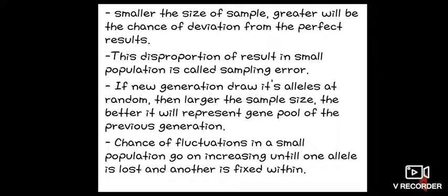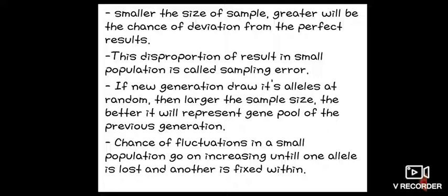Thus the allelic frequency in a small population keeps drifting by chance events from generation to generation. This force of chance is called genetic drift.